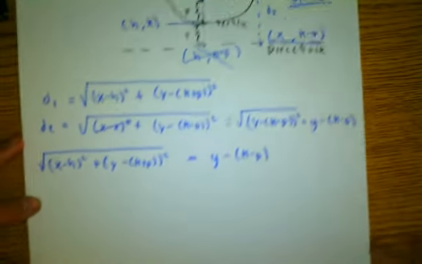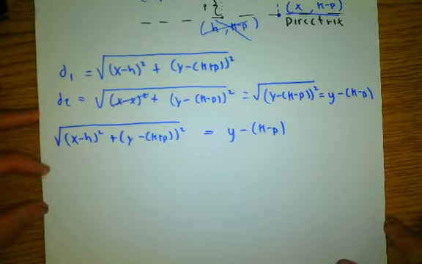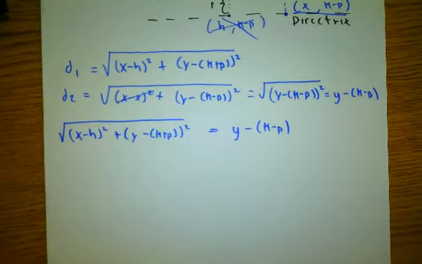That is technically what a parabola is, but looking at that is not fun. It's not really easy for me to tell what's what. So we're going to do a bunch of algebra to it, clean things up, a lot of things will go away, and that's going to lead us to the standard form of a parabola.